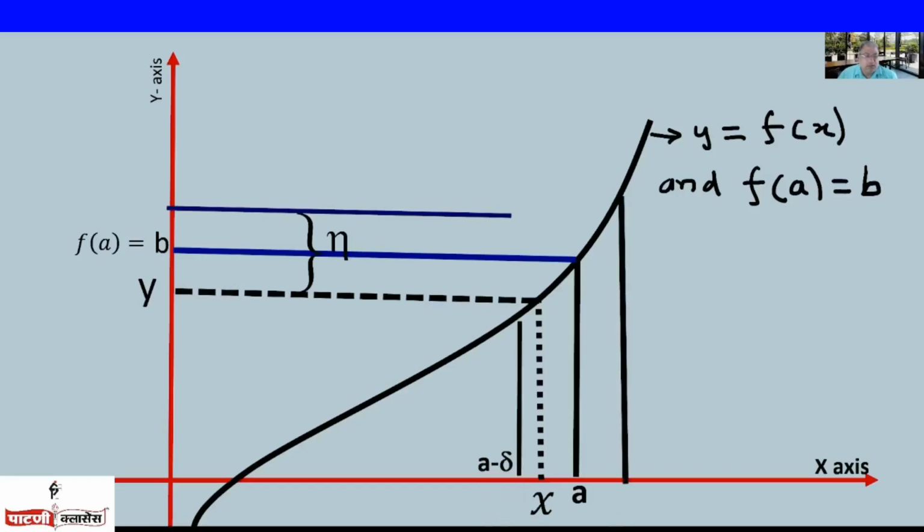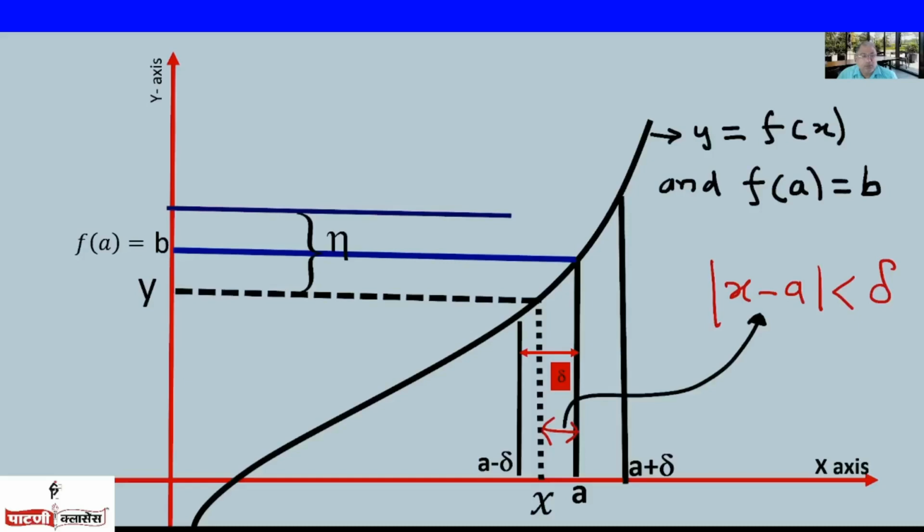On the left and right side of A we have A minus delta and A plus delta. A is as good as a cluster point, and we have delta here. The magnitude of x minus A is less than delta, it is clear from the diagram, and the magnitude of y minus B is less than eta.